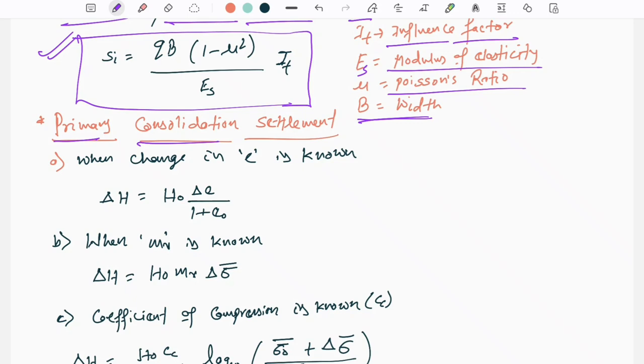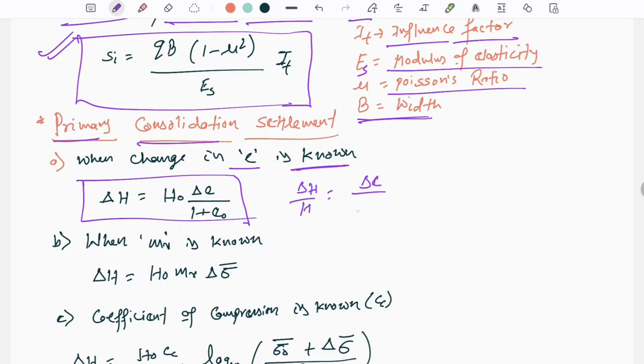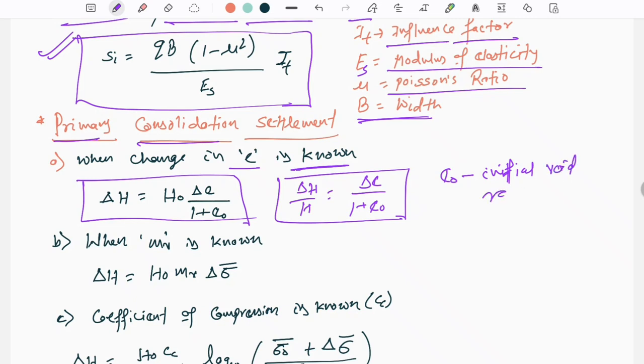Based on void ratio, if the void ratio E is known, then the formula is delta H equal to H naught into del E by 1 plus E naught, or you can also say delta H by H is equal to del E by 1 plus E naught, where del E is the change in the void ratio from initial to final, and E naught is the initial void ratio.